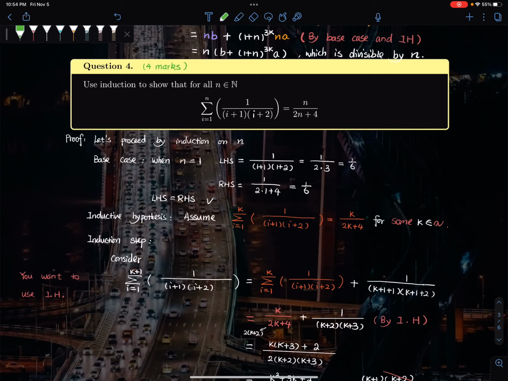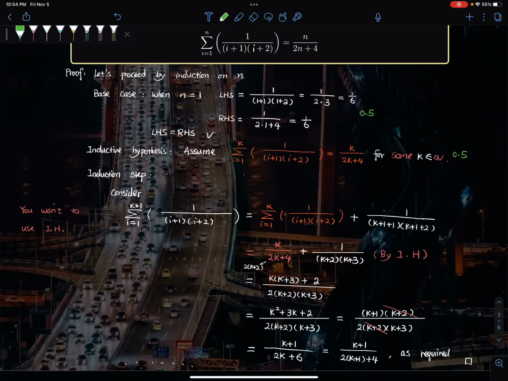If this is 4 marks, then this is half. This is half. And you realizing this will be half as well. So this is half. So that's 2 marks.